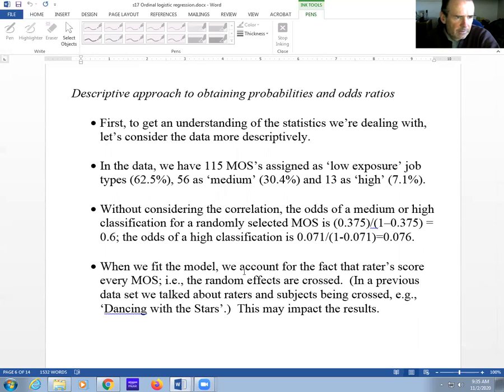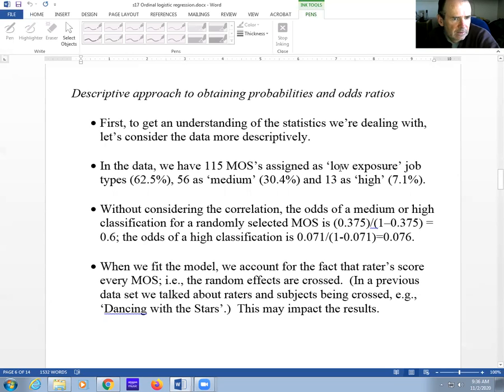But across there are 115 MOS, or different job types, that the military had. And almost 2/3 of the time, the exposure was expected to be low across those job types.